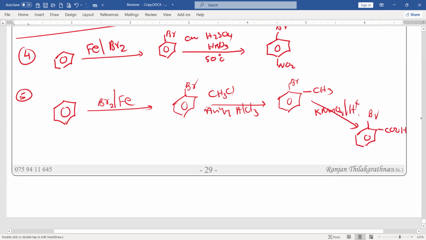If you first add the CH3 and convert that into the benzoic acid, then the next coming group will direct to the meta position or to the ortho para. Then try the next questions.